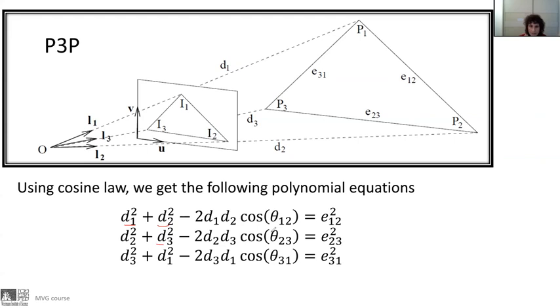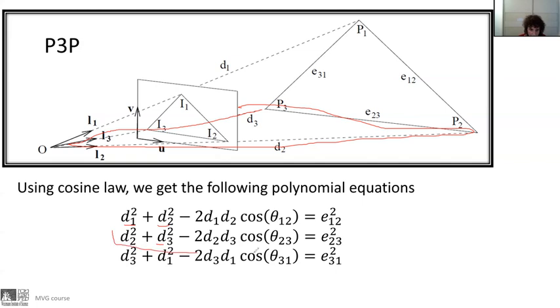Written here. As I told you before, I know the angles between the lines of sight. Theta 12 is between line 1 and line 2, etc. And I know the distances in the 3D world. So take, for example, this triangle. It contains D1 and D3.